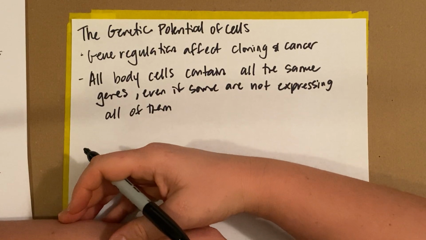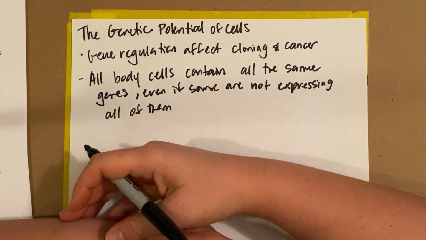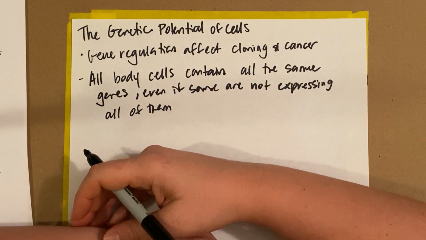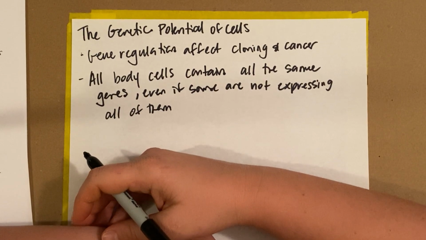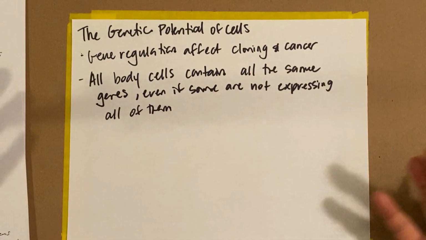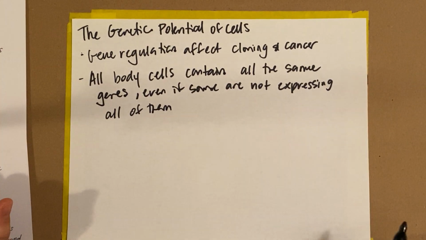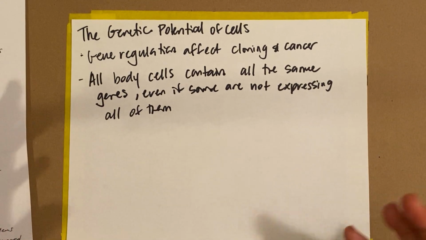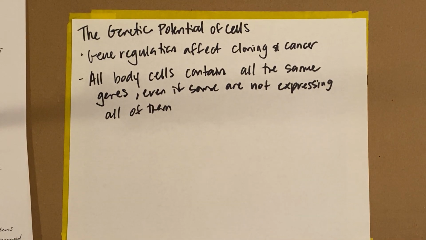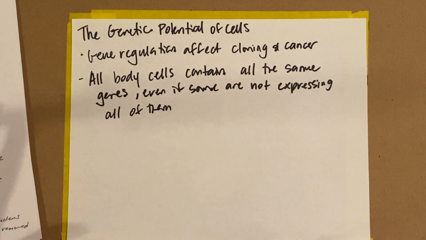If we can take cells that can regenerate and program them so that they can turn into a different type of cell, like a new neuron, that would be the holy grail of medicine. Okay, so we could grow you a new kidney from your own cells if we knew how to do it. At this point we can't do those types of things, but this is where the science is going.